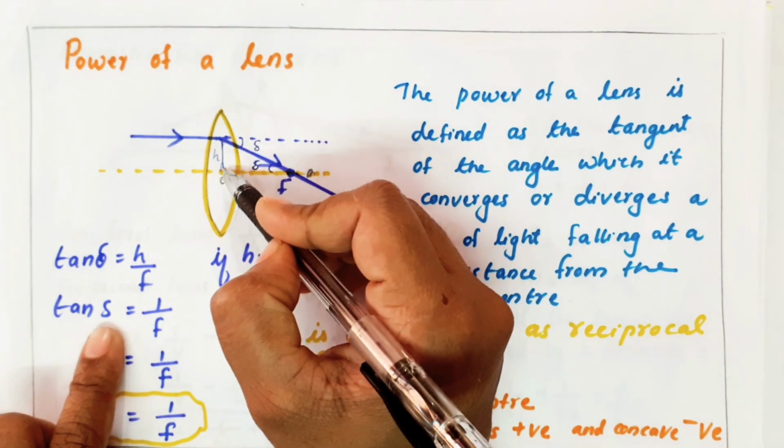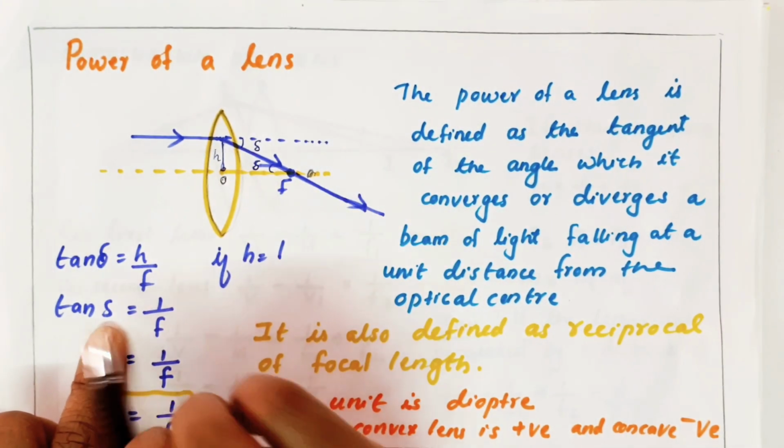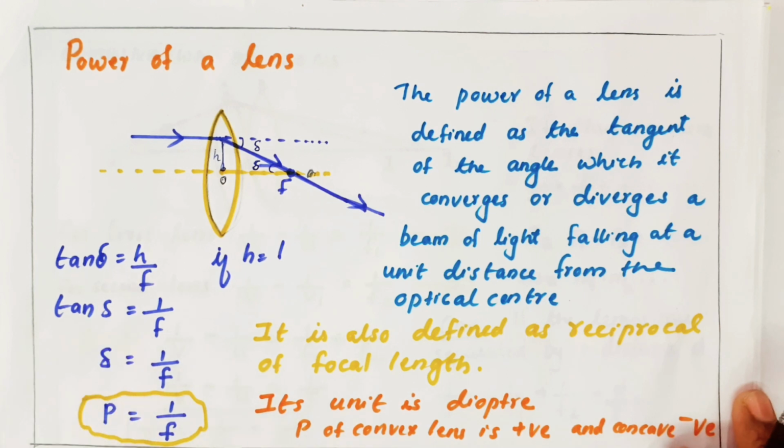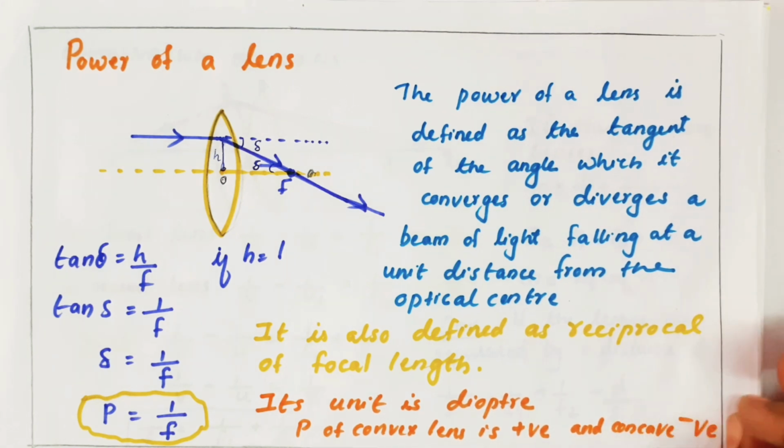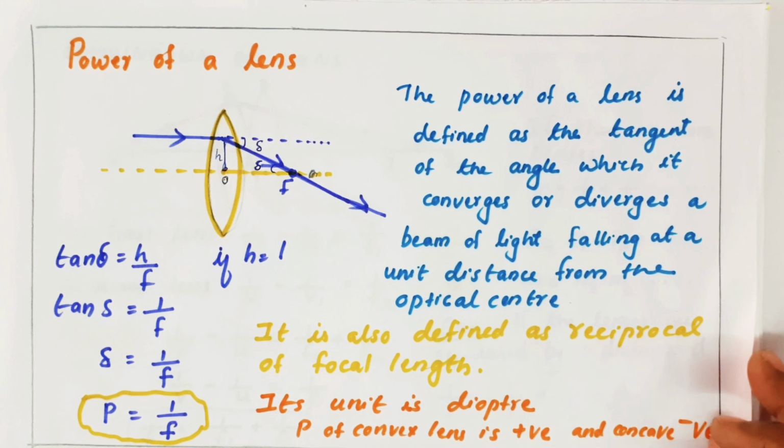So this is called the power. It is also defined from this equation as the reciprocal of focal length. And its unit is diopter. Remember, the power of a convex lens is positive because the focal length of a convex lens is positive. Power of a concave lens is negative because the focal length of a concave lens is negative.